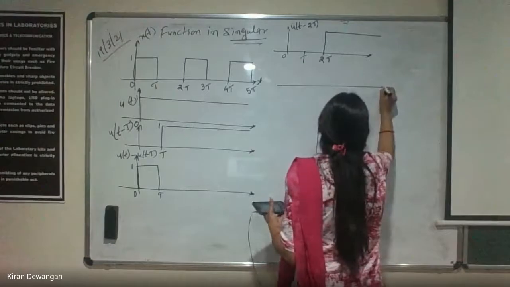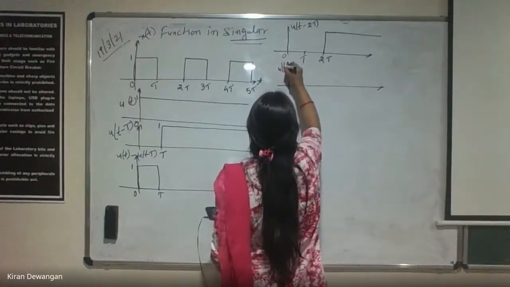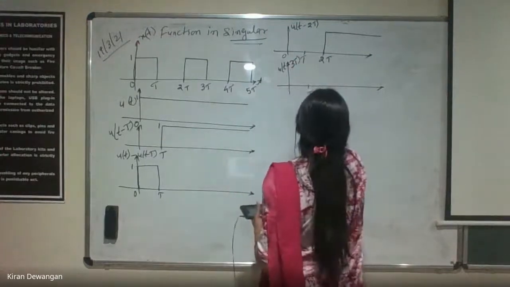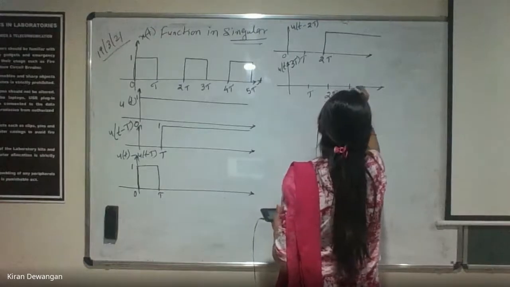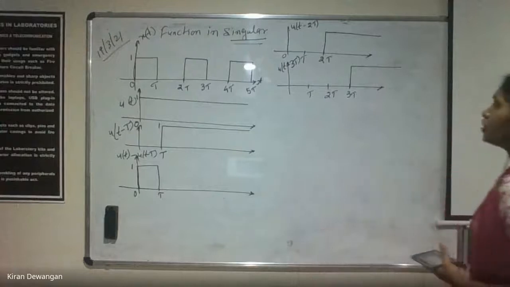Similarly, I can have u of t minus 3 tau. This is tau. This is 2 tau. And this is 3 tau. It is starting from here and it is proceeding in positive t side.